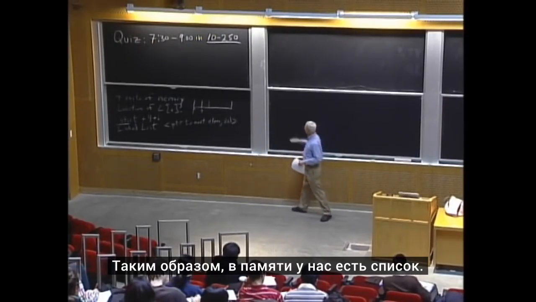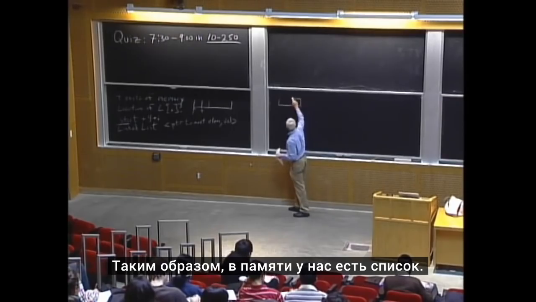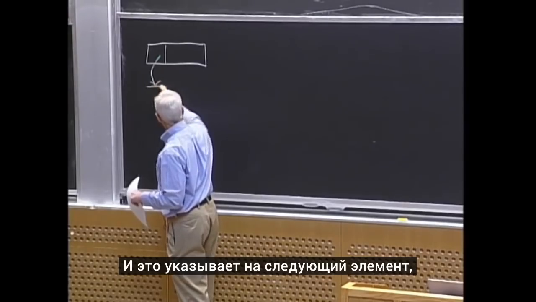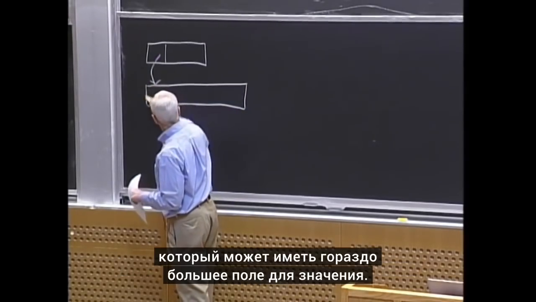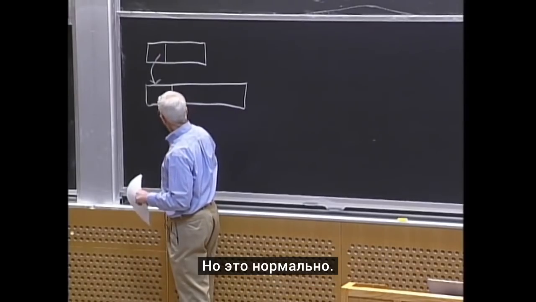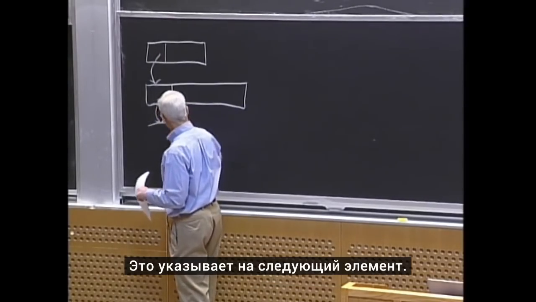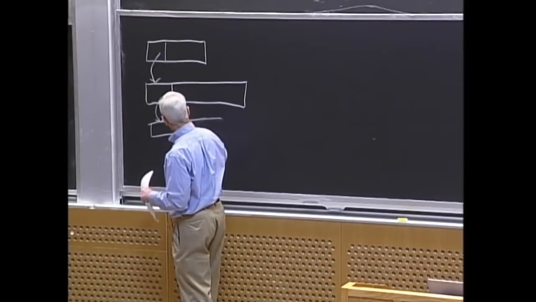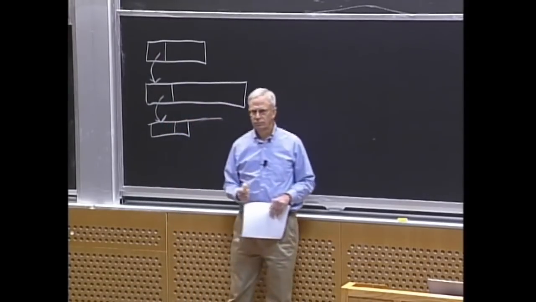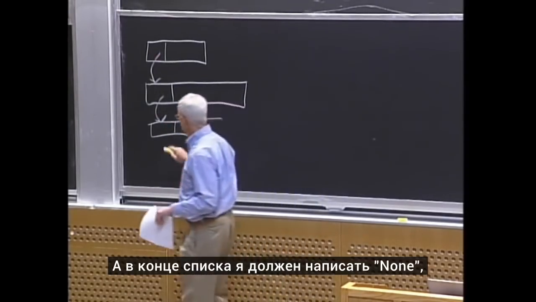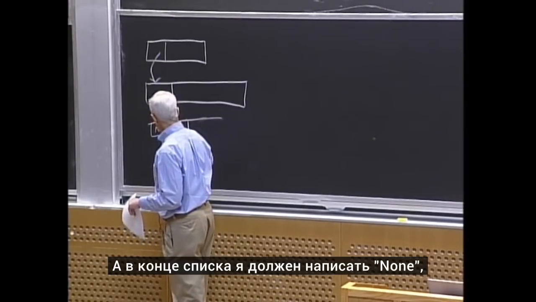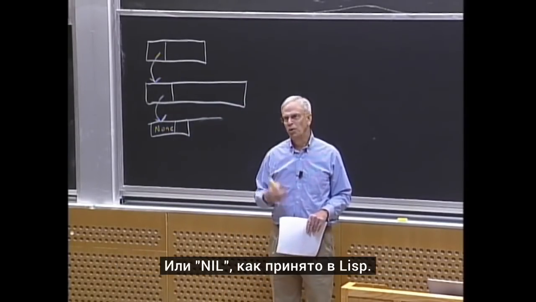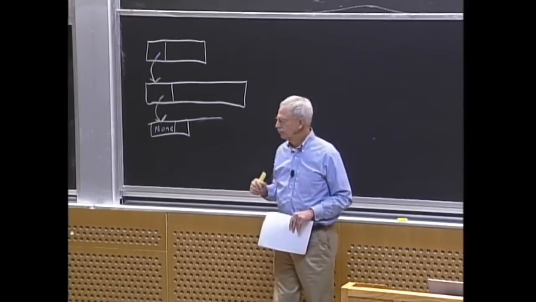So what it looks like in memory is we have the list, and this points to the next element, which maybe has a much bigger value field. But that's OK. This points to the next element. Well, let's say this one maybe has a tiny value field. And then at the end of the list, I might write none, saying there is no next element, or nil in Lisp speak.